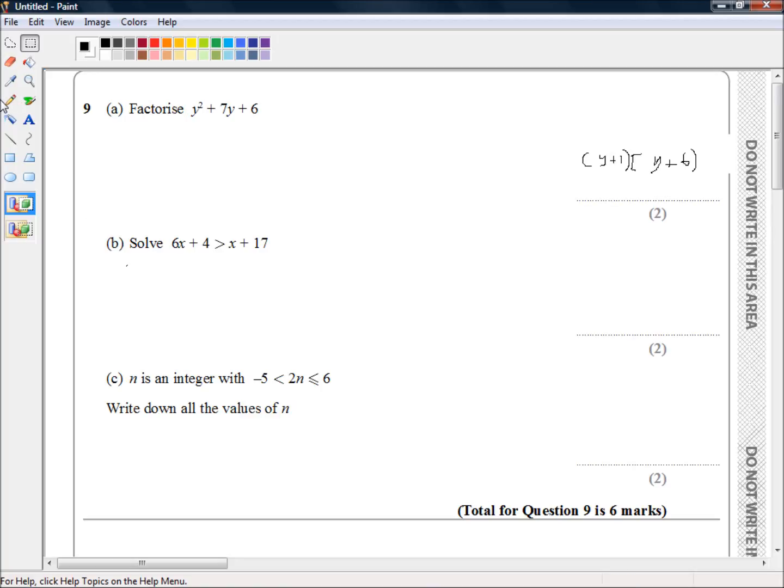So part B says solve 6x plus 4 is greater than x plus 17. So the thing to remember with inequalities is that you can do pretty much anything to an inequality that you can to an equation. The only difference is if you're going to multiply everything through by -1, you must change the sign from greater than to less than, and from less than to greater than, whichever way round.